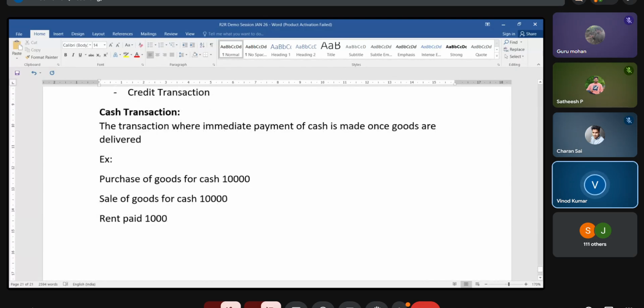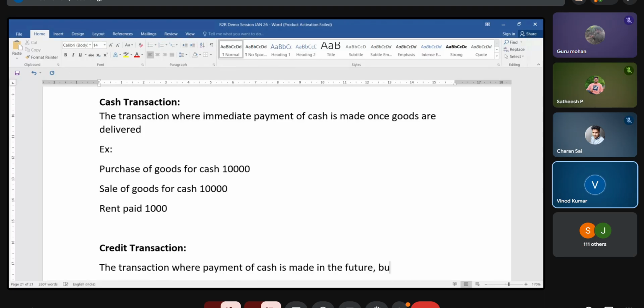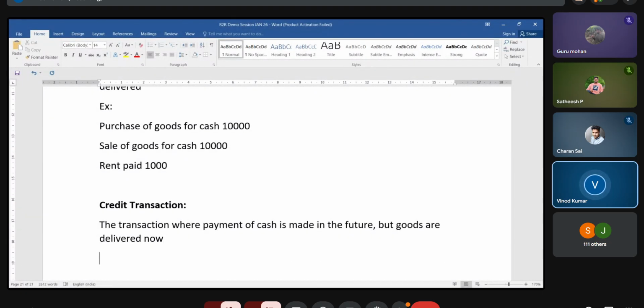The next type is credit transactions. Credit transaction is the transaction where payment of cash is made in the future, but goods are delivered now. So those are called credit transactions.